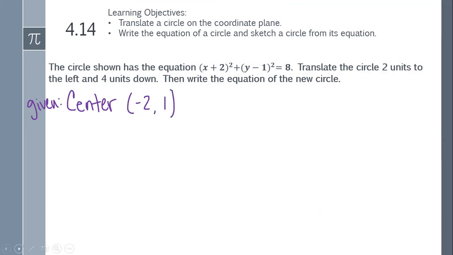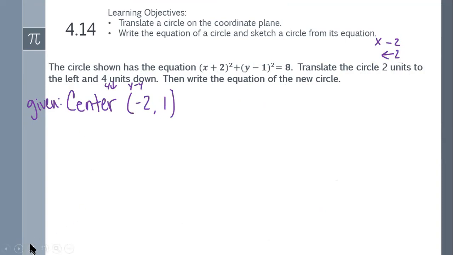Because I am translating, I am sliding, I'm going to have an isometric image, which means, again, same shape, same size. So if I'm going 2 units left, that would be subtract 2, so x minus 2. If I'm going 4 units down, that's y minus 4.